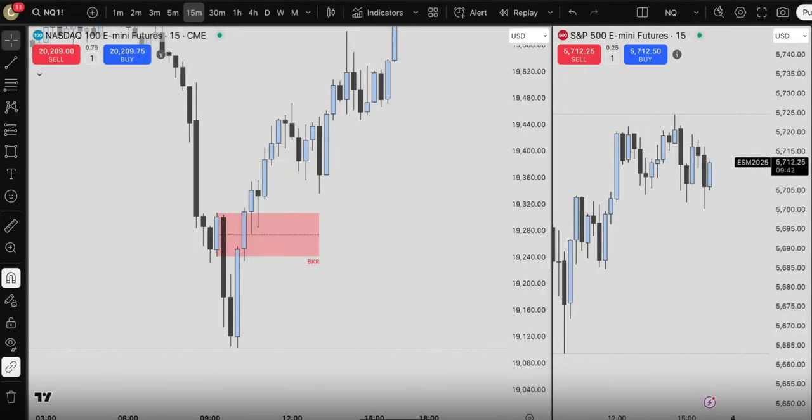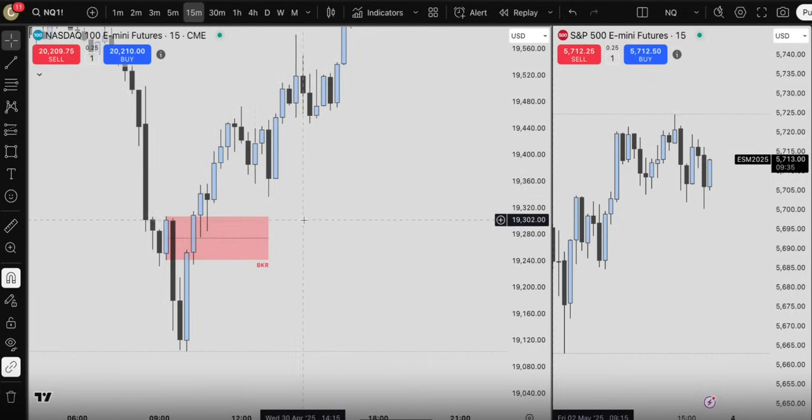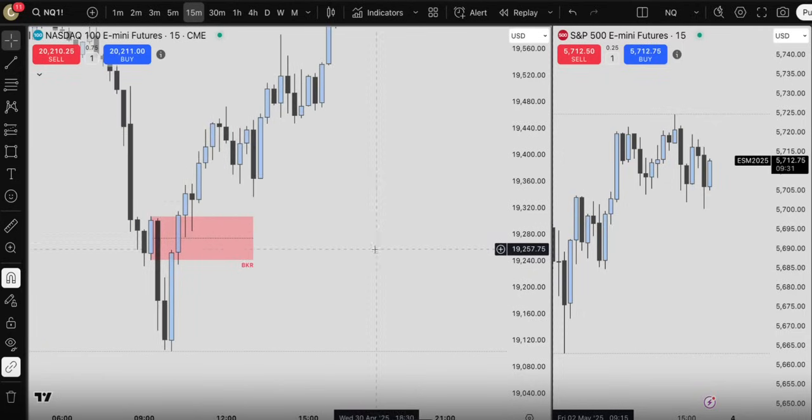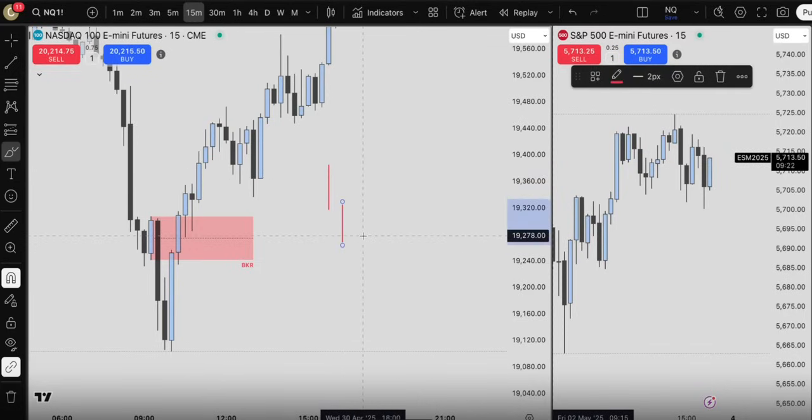So a breaker block is essentially a failed order block that price reacts very strongly to. First I'm going to explain it here and then I'll show you with the chart. You know how an order block works. We're in a bearish trend.